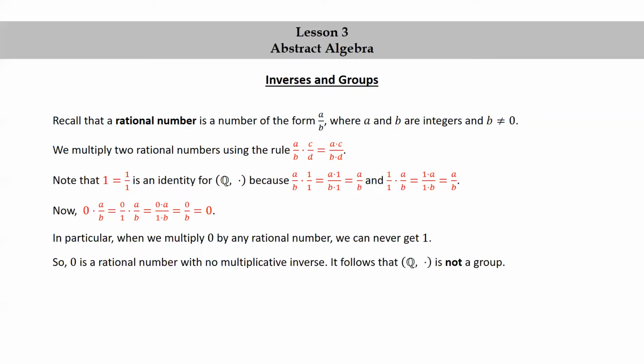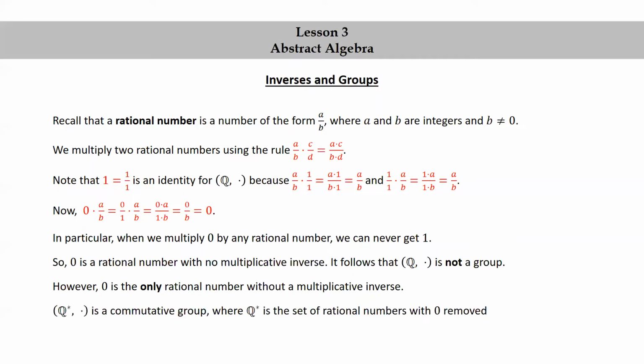It follows that the set of rationals together with multiplication is not a group. However, 0 is the only rational number without a multiplicative inverse. Q star together with multiplication is a commutative group, where Q star is the set of rational numbers with 0 removed.